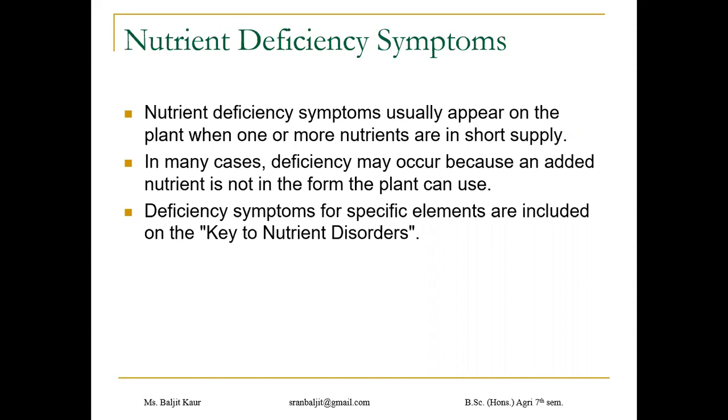So if we are applying nutrients to the plants, but they are not in the usable form, right? We have discussed the forms in which plants can use the elements. So nutrients should be in the available form to the plants. If they are not in the available form, then they may cause deficiency of that particular nutrient, right? And deficiency symptoms for specific elements are included in the key to nutrient disorders, right?